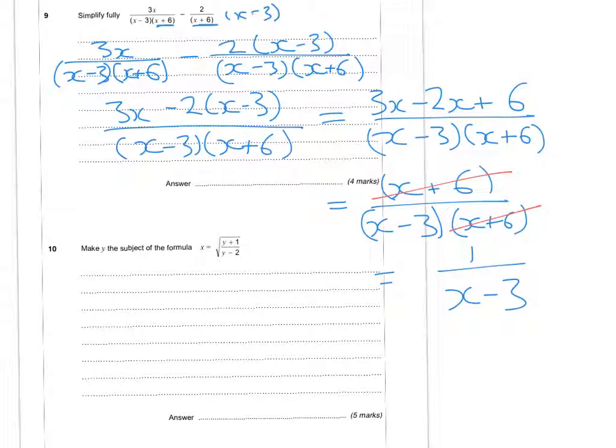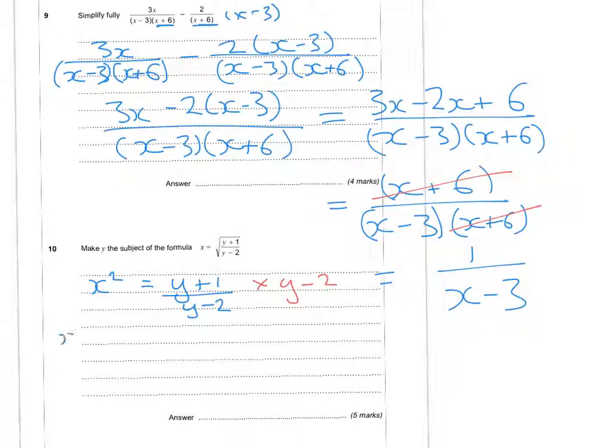Question 10. Make y the subject of the formula. Okay, I've got to get rid of that square root first. So x squared is equal to y plus 1 over y minus 2. Get rid of the fraction, so times y minus 2 both sides.